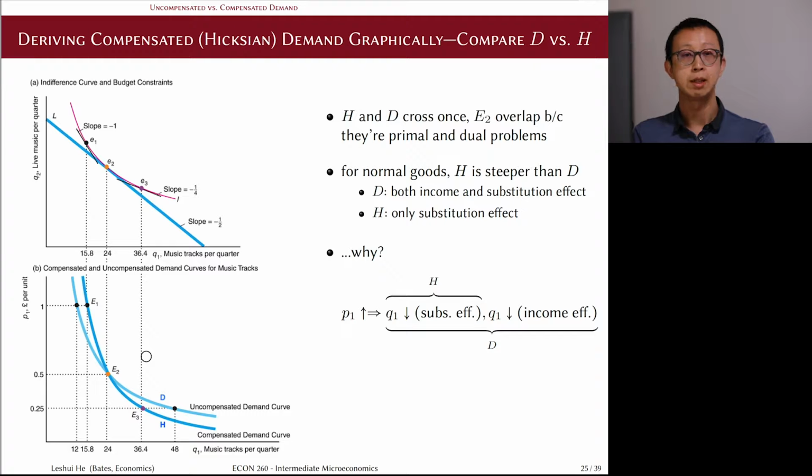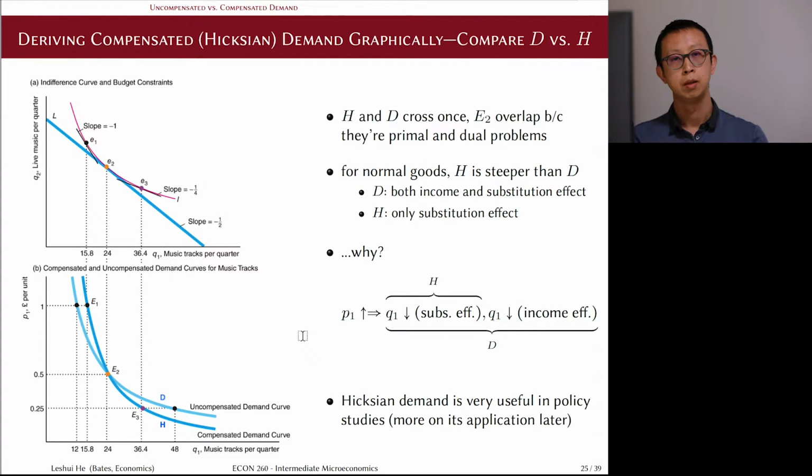If the good is an inferior good, however, then the income effect would actually increase the demand and offset some of those decreases from the substitution effect. If we look at the graph on the slide here, we notice that the Marshallian demand rotates further back compared to the Hicksian demand on this graph. For a normal good, the income effect decreases the Marshallian demand further on top of the decrease in Hicksian demand.